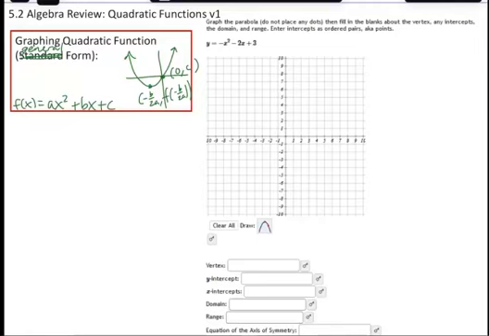Okay, so you still need to follow the same instructions from the last set. Find your vertex first. Plot it. Okay, you're then going to select a second point.